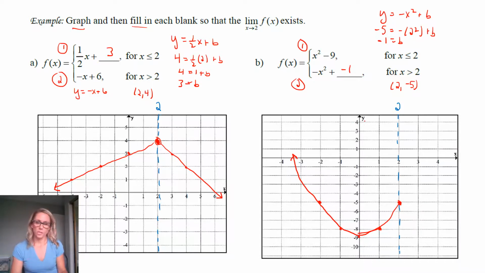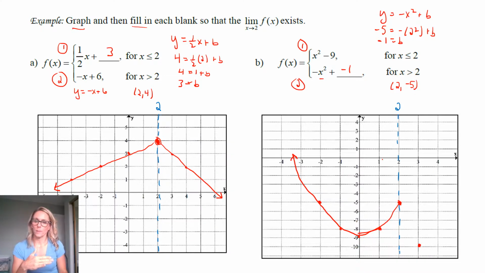And really, in order to graph this, you just pick some values. We already know that it's going to meet up at 2, negative 5, because that's how we found b. But if we put in 3, you can see that 3 squared is 9, times negative 1 is negative 9, plus a negative 1 is negative 10. So we have this point down here. And then we can do other points.